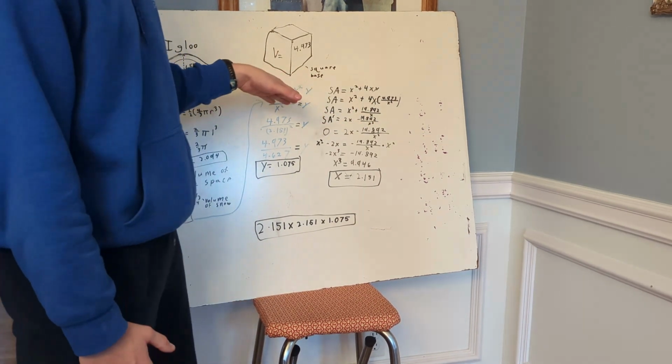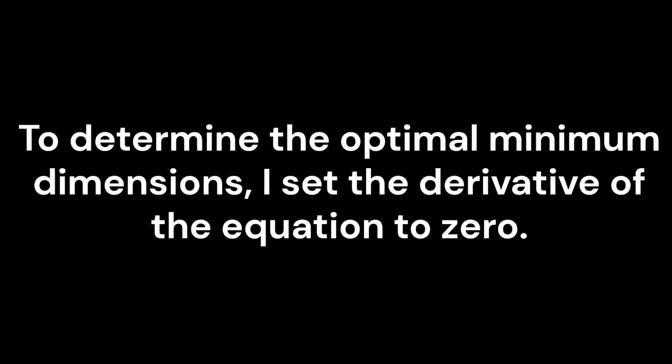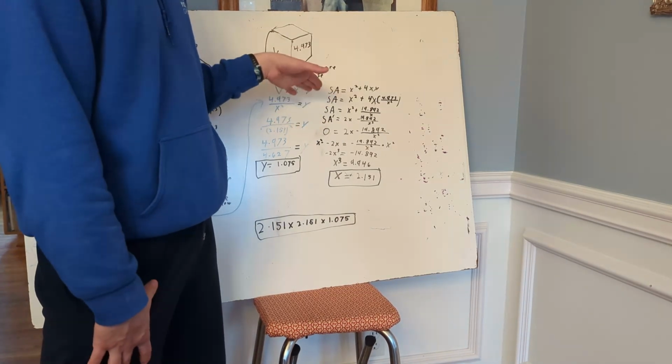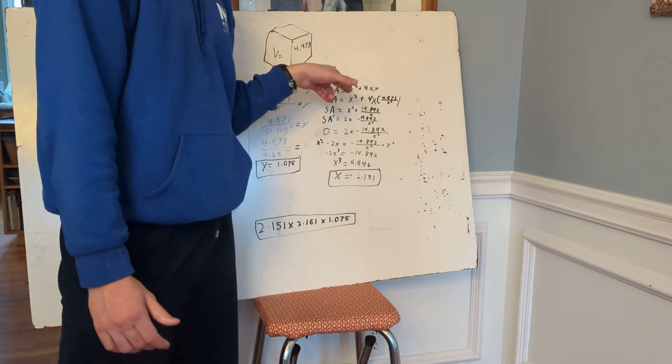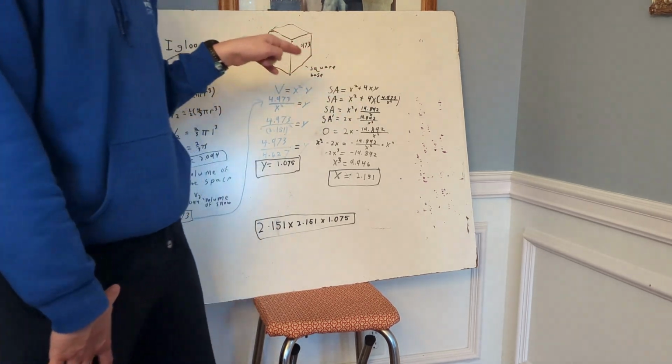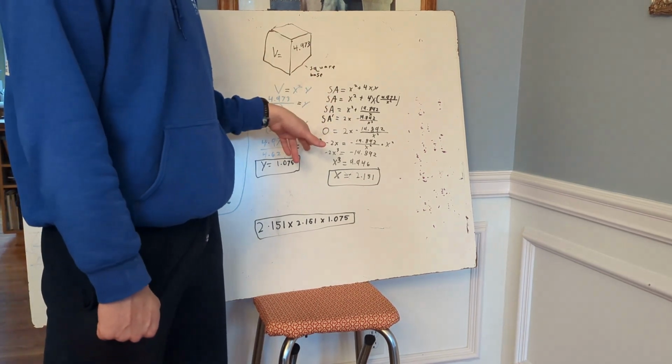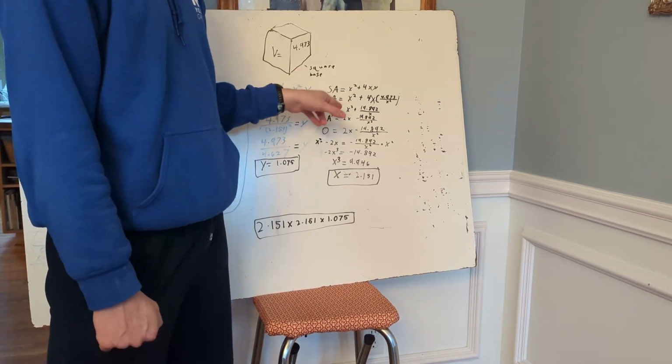Then we can take the derivative of that. So the derivative of the surface area equals 2x minus 19.892 over x squared. We then set the derivative equal to 0, and then we just solve for x.